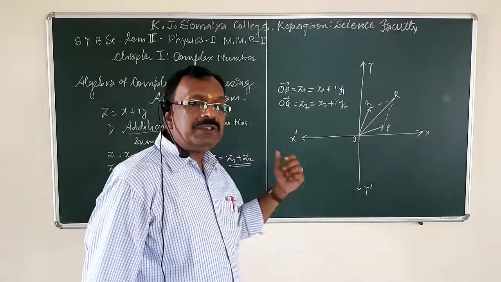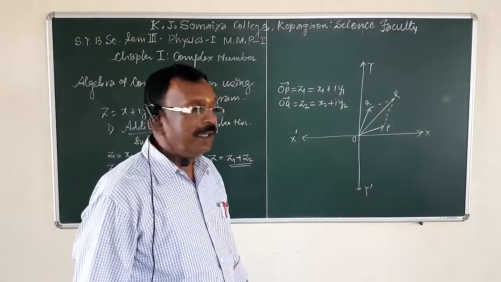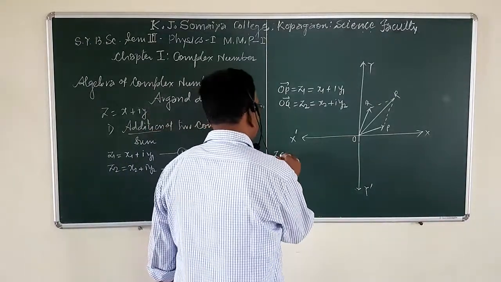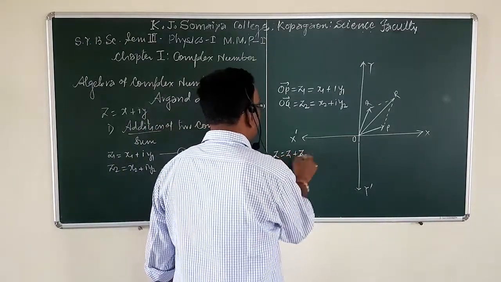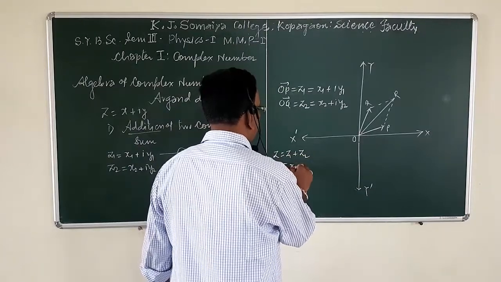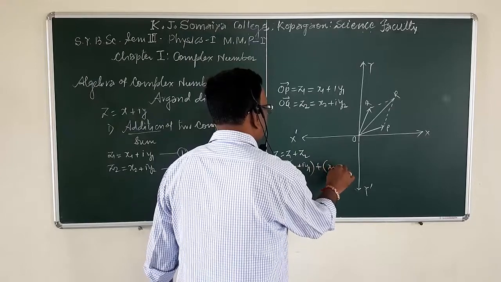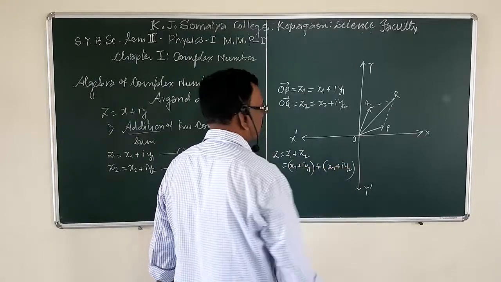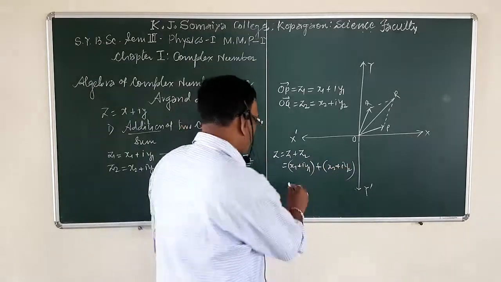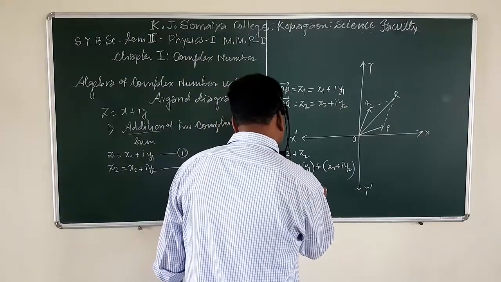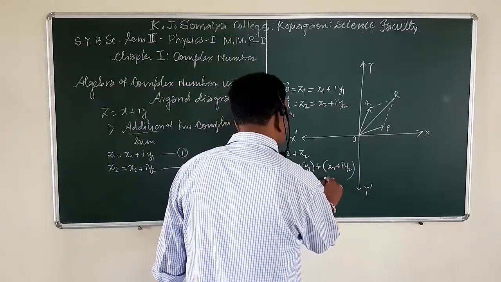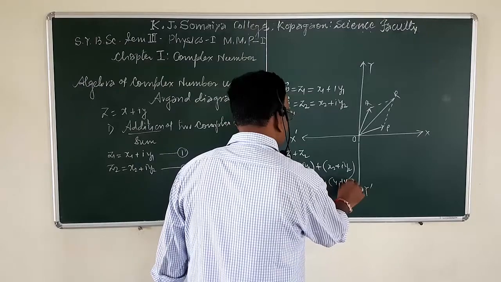When we add these 2 numbers, we get Z is equal to Z1 plus Z2, or x1 plus iy1 plus x2 plus iy2, or we can write here x1 plus x2 plus i times y1 plus y2.